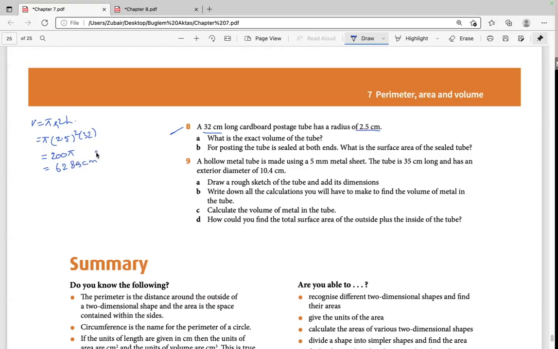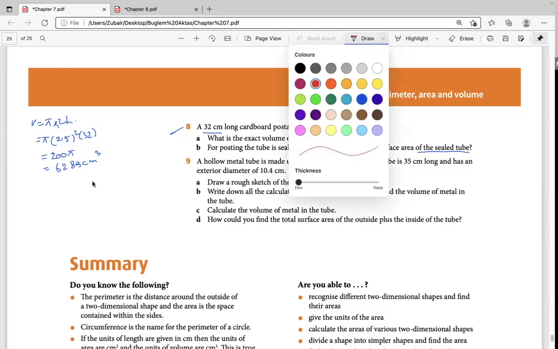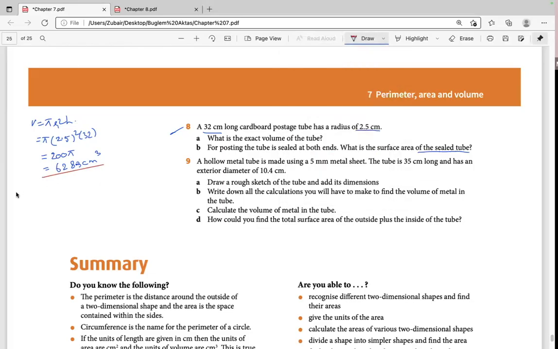628.3 cubic centimeters. B part says for posting, the tube is sealed at both ends. What is the surface area of the sealed tube? So we're talking about the total surface area of a cylinder. It was 2 times pi r squared plus 2 pi r h, right?